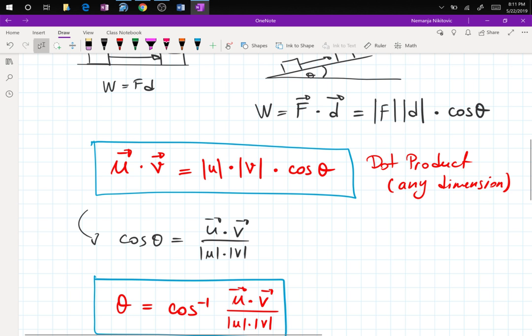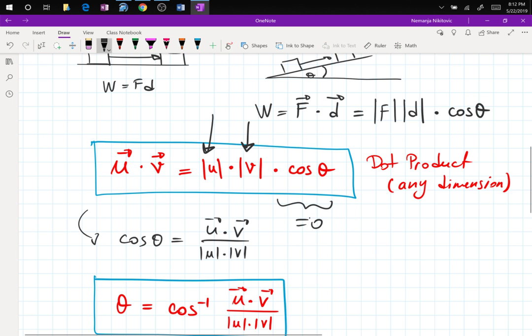If you have two non-zero vectors u and v, can their magnitudes be 0? No, right? So there has to be a value here and a value there. And if this part here is equal to 0, then the dot product is equal to 0.